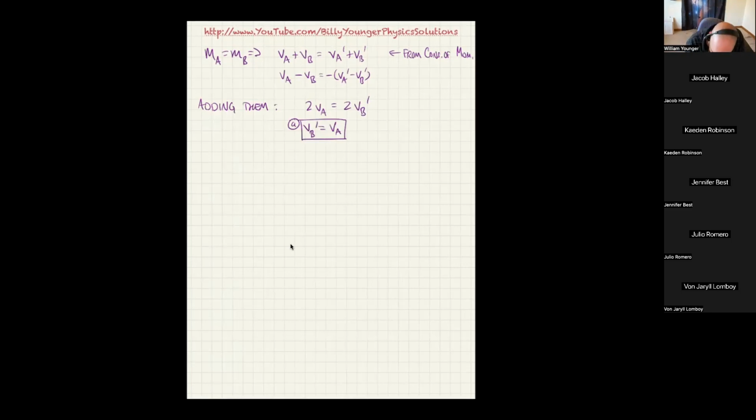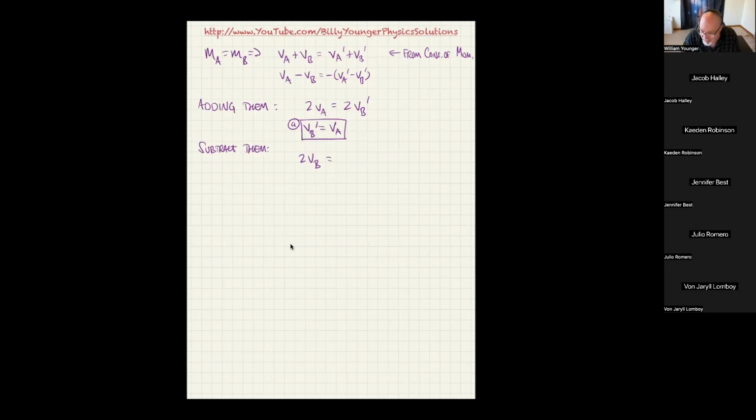And if you subtract the two equations, then you get VA minus VA is 0. You get VB minus a negative VB, which would be 2VB. Doing the same thing on the right-hand side, you get VA prime minus negative VA prime.